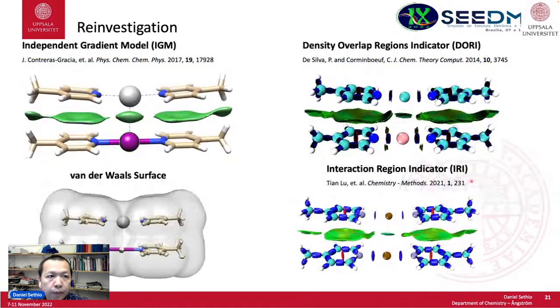We also tried different non-covalent interaction tools such as the independent gradient model, density overlap region indicator, van der Waals surface, and interaction region indicator, IRI. And all of them show that there is an interaction between silver and iodine in these complexes.